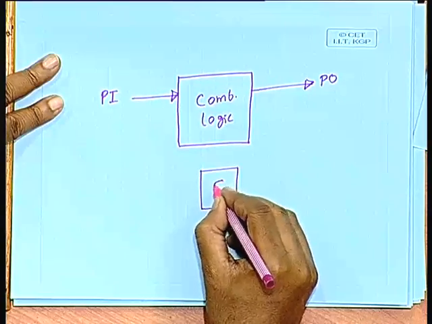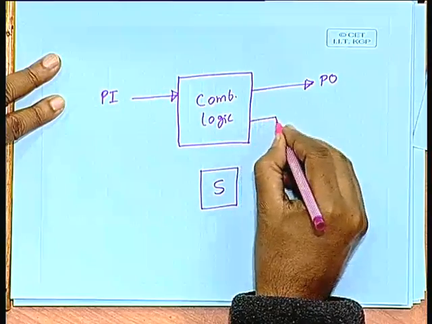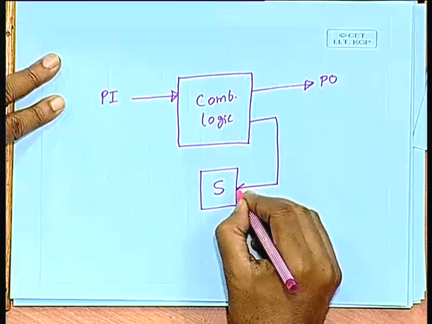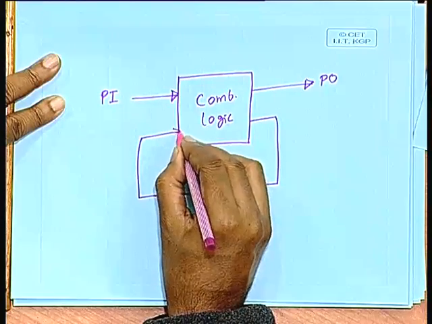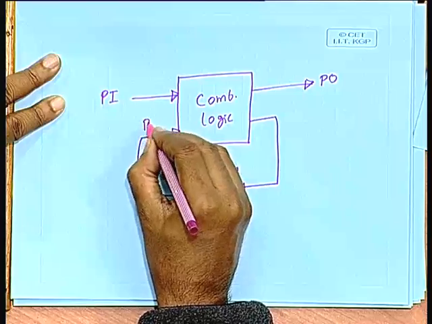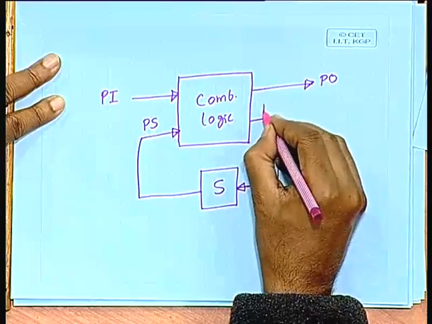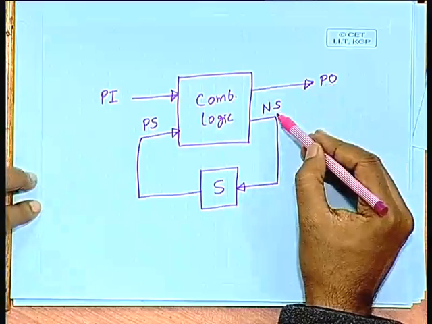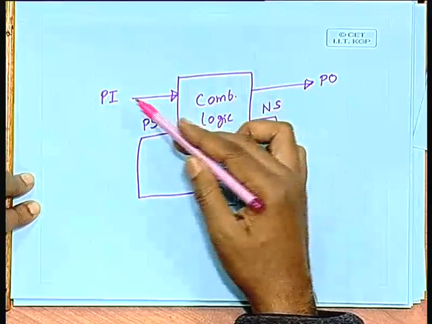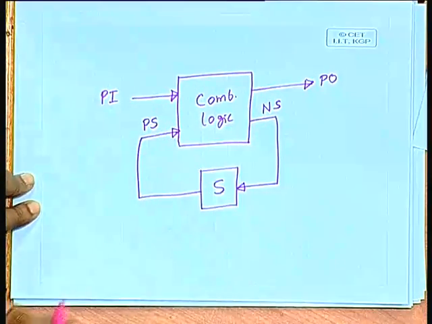Let us call it S. So, the output of the combinational circuit is being fed here and this is fed here. So, this is your present state and this is your next state. Both the primary output and the next state will be some function of primary input and present state.